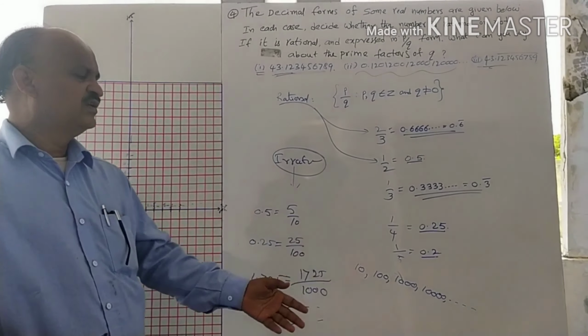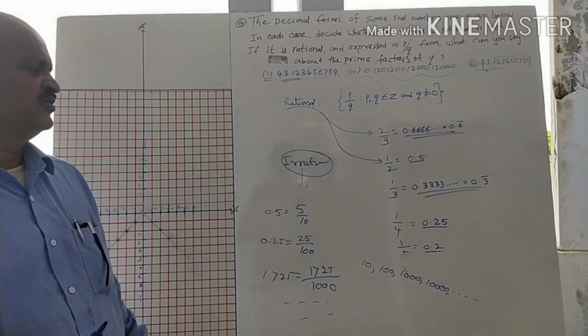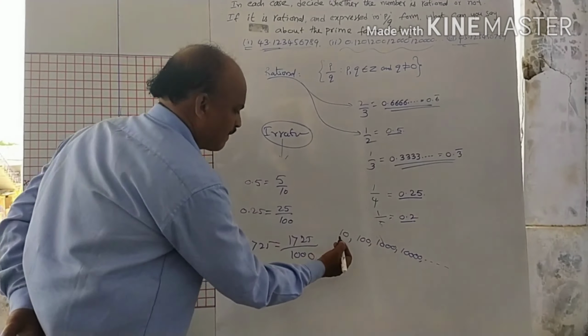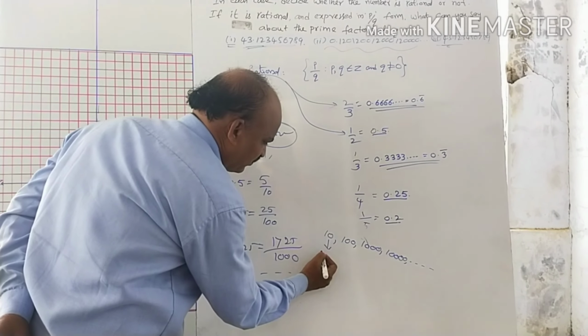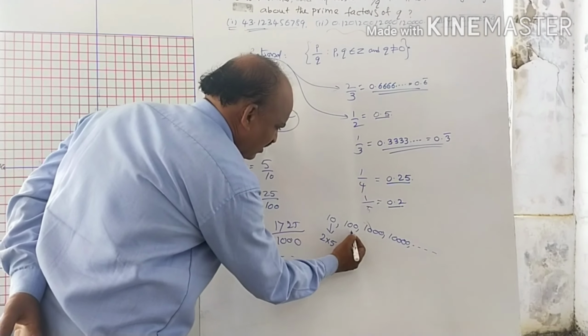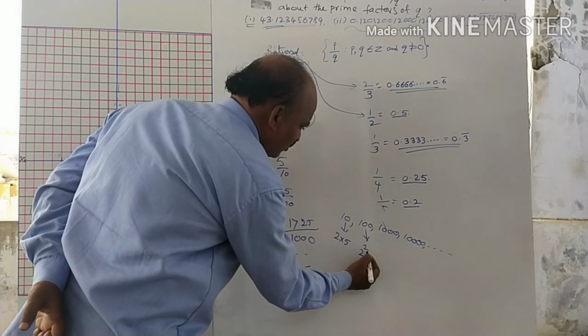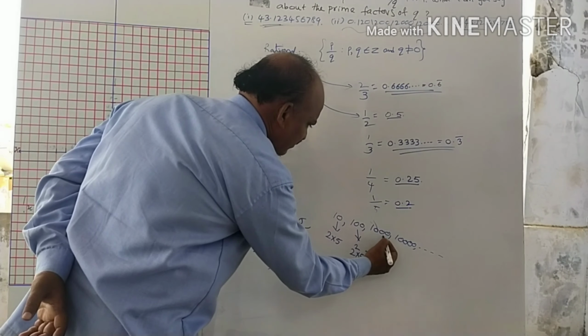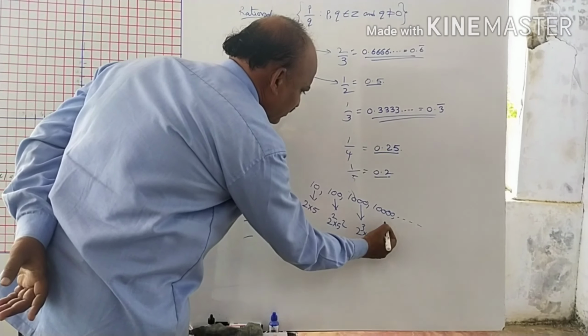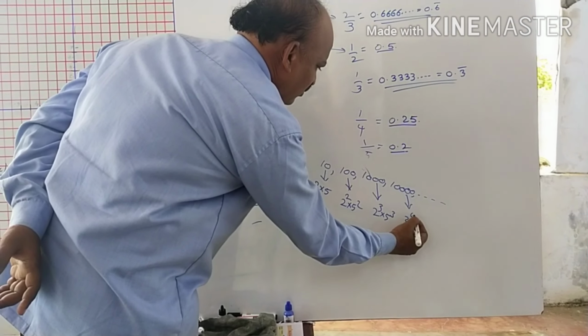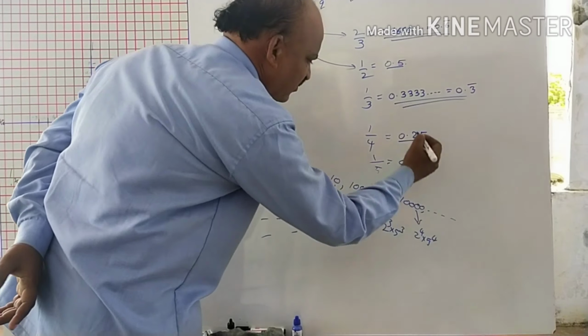If the numbers 10, 100, 1000, 10,000 are in prime factorization, 10 equals 2 into 5, 100 equals 2 square into 5 square, 1000 equals 2 cube into 5 cube, 10,000 equals 2 to the power of 4 into 5 to the power of 4.